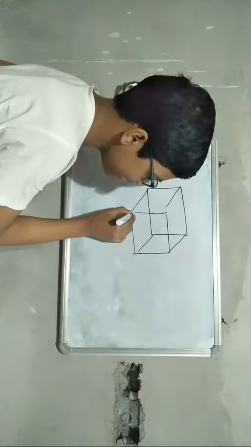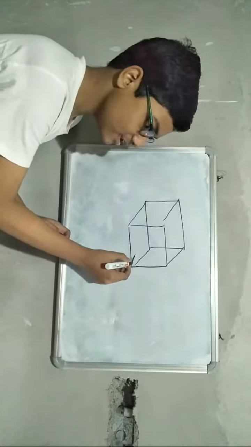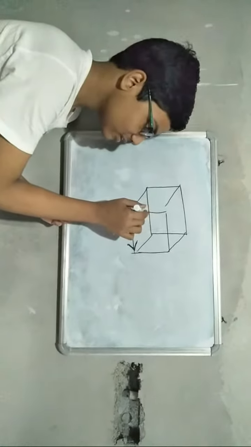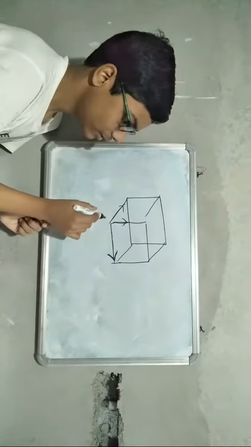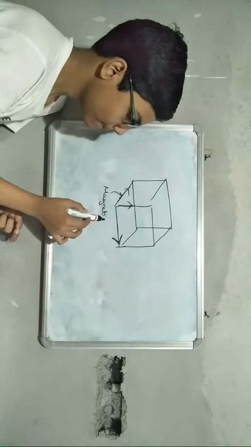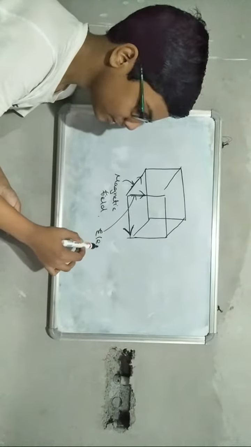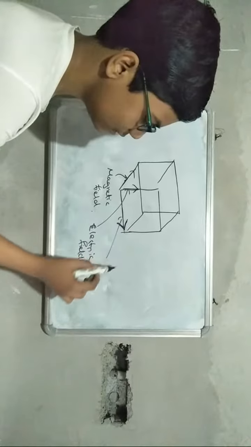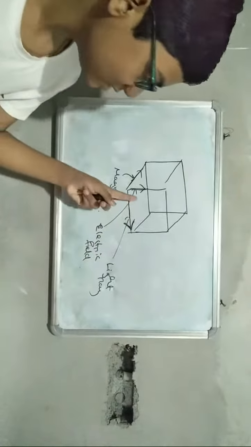Now if the light ray is going from this side, the electric field and the magnetic field directions are like that. These are magnetic field. The next, this one is electric field. And this is light ray. This is a diagram.